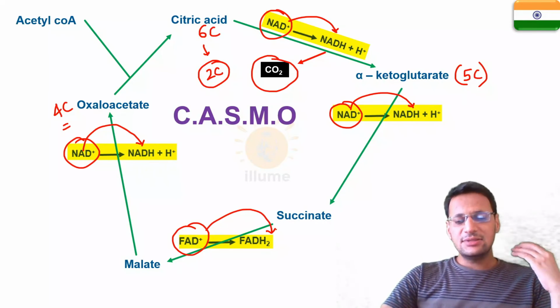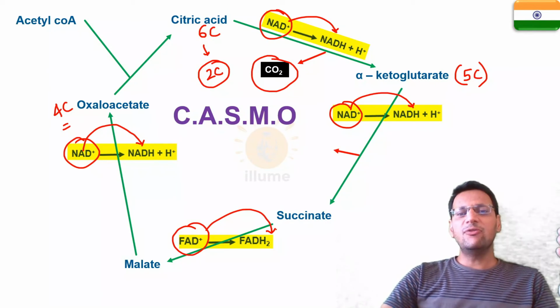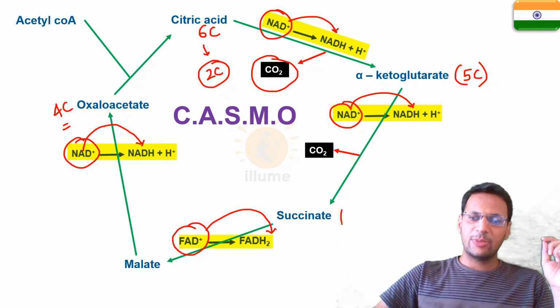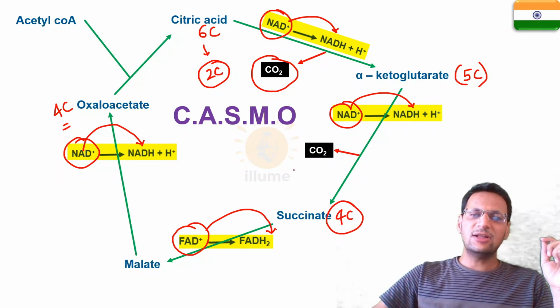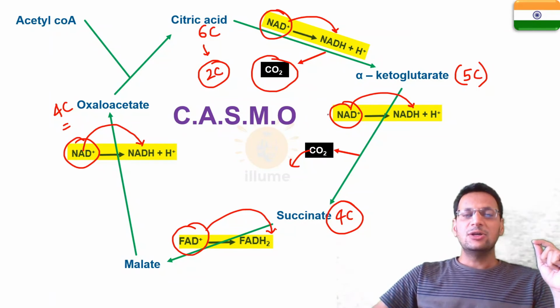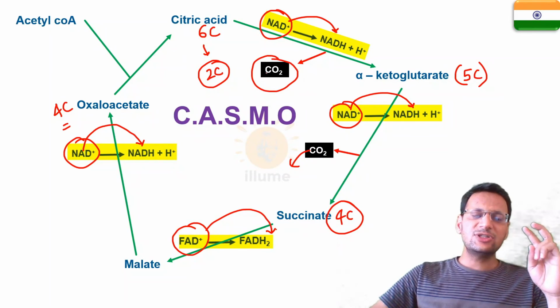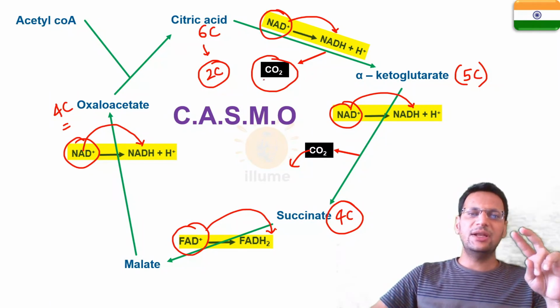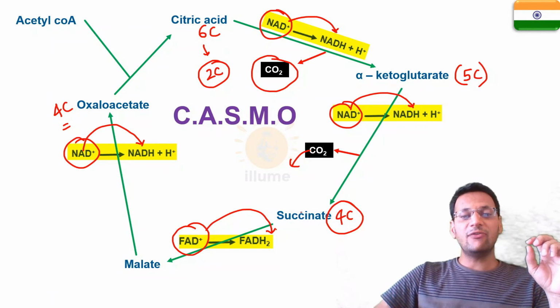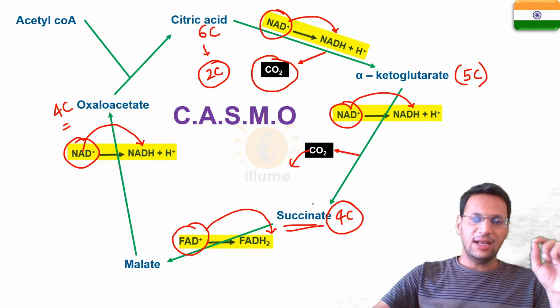And in the successive step, there would be another decarboxylation. That means succinate has got 4 carbon, because there is another loss of carbon during the conversion of alpha Kg into succinate. So you have to remember that in the first 2 steps of Krebs cycle there would be decarboxylation, and there won't be any decarboxylation after formation of succinate.